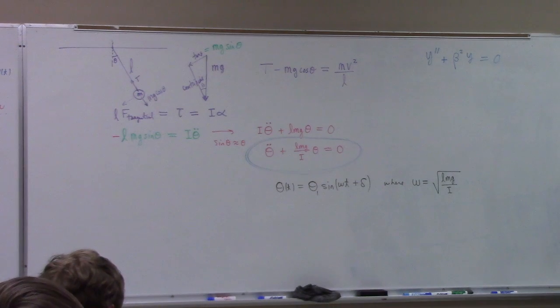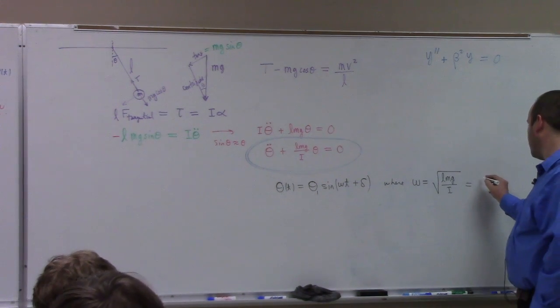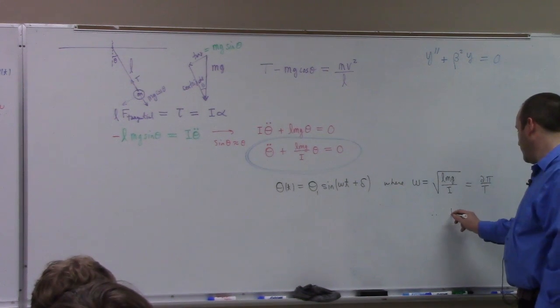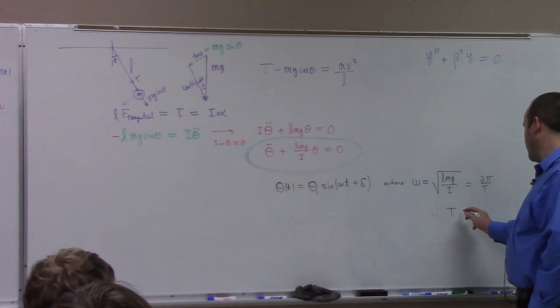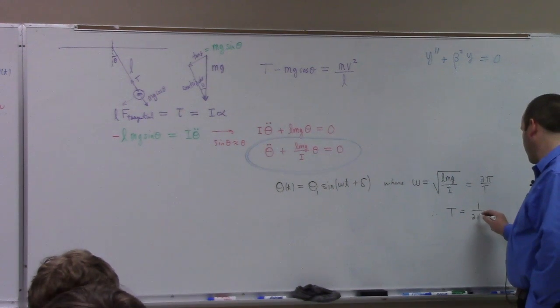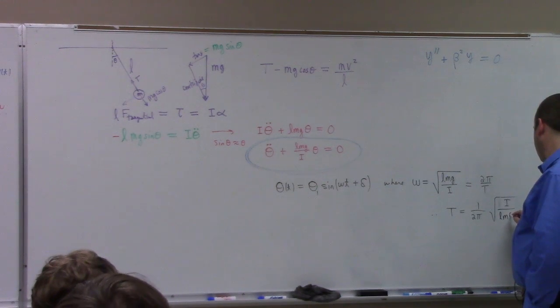So what's the period of this physical pendulum? To a good approximation for small angles, the period of the pendulum is 1 over 2 pi, the square root of I divided by LMG.